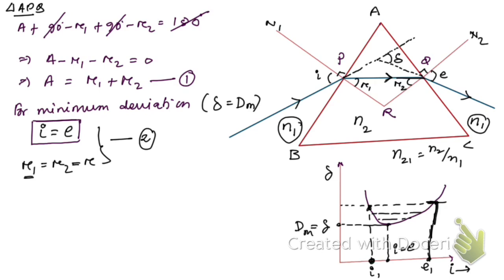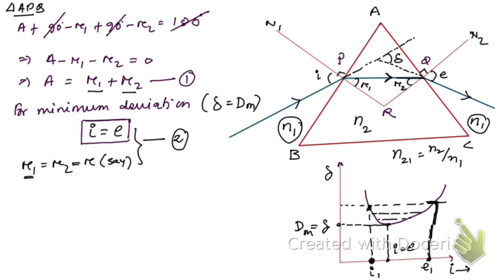Now we can replace r1 and r2 by R. So now using 2 in 1, or from 1 and 2, what we're gonna get, A is equal to R plus R, so that means you can write twice R, right? So we have replaced this r1 by R, replaced this r2 by R. So let it be equation number 3.